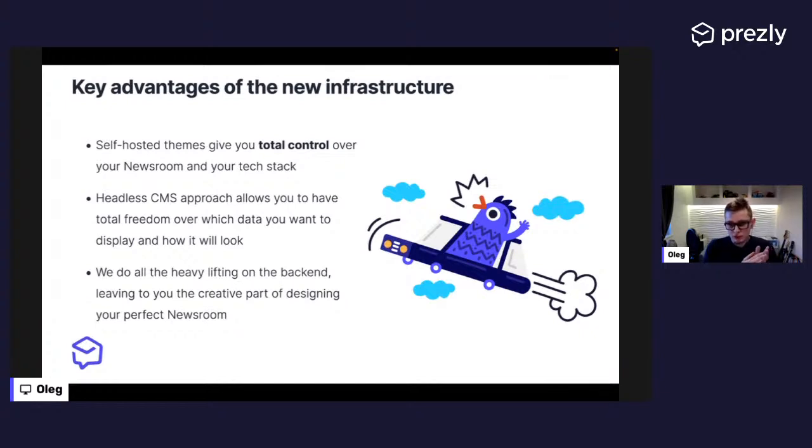Now you can do it all by yourself, exactly how you like it, to all the specifications that you need, which is made possible with the headless CMS approach that Prezly fully adopted with these new themes. Basically, this approach means that our backend is only serving the data, and you have total control over which data you want to display and how it will look in the end.